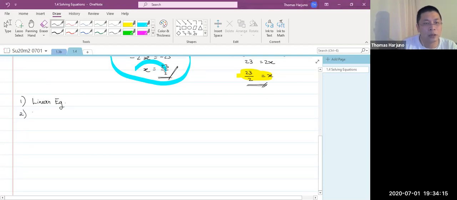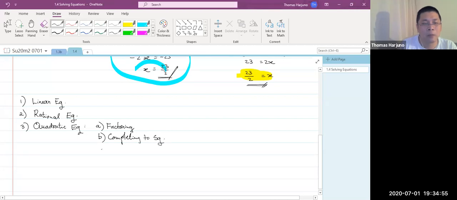Second, rational equations, and then quadratic equations, which we will solve using factoring, completing the square, and by formula.